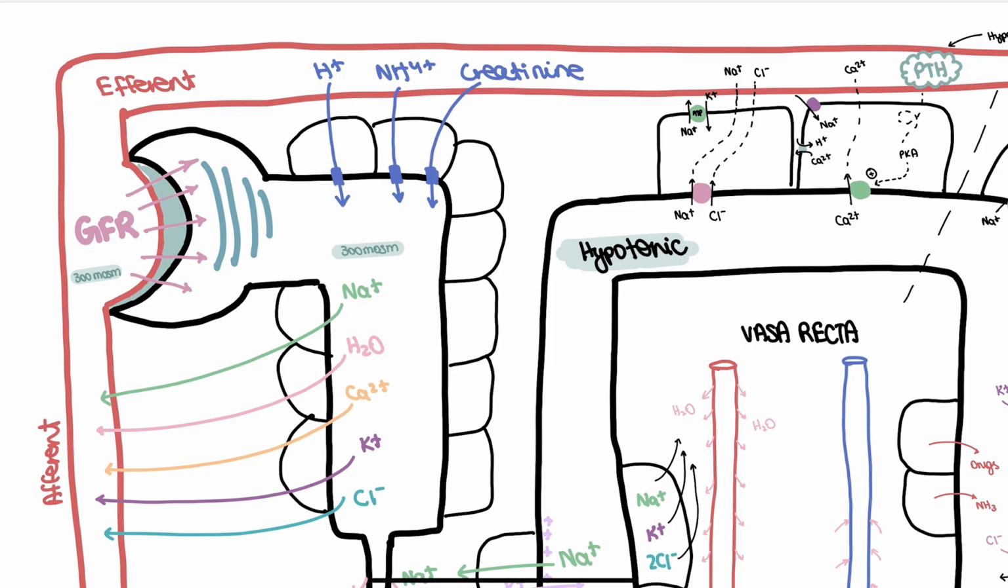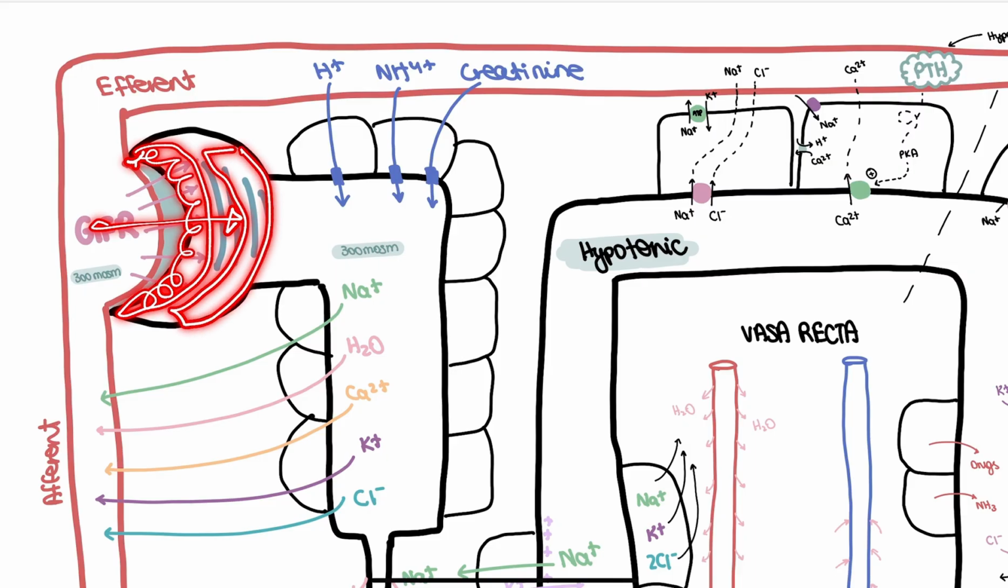So, I'm pretty sure podocytes are the visceral layer. So you have these podocytes here with foot processes and filtration slits. And so you go through that, you go through the glomerular basement membrane, which is most likely electronegative.